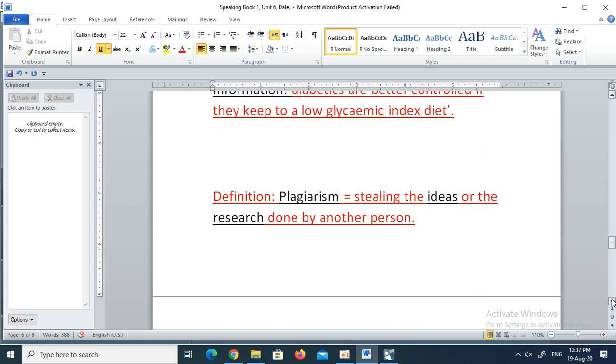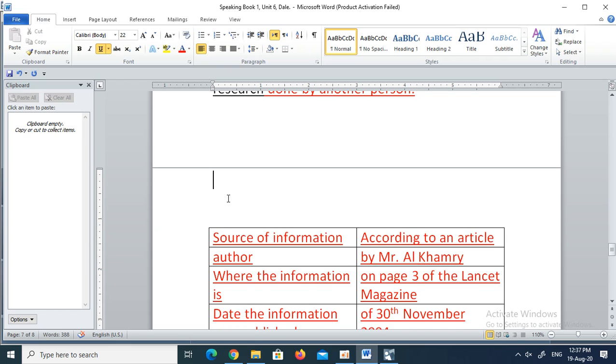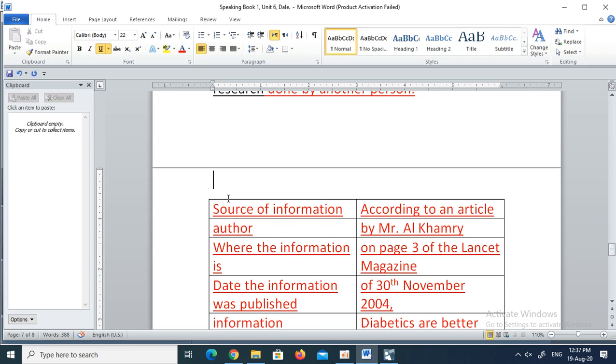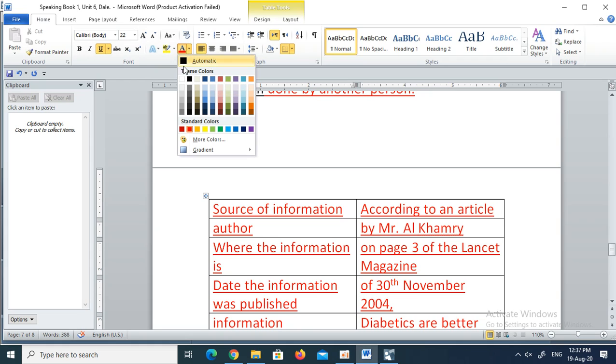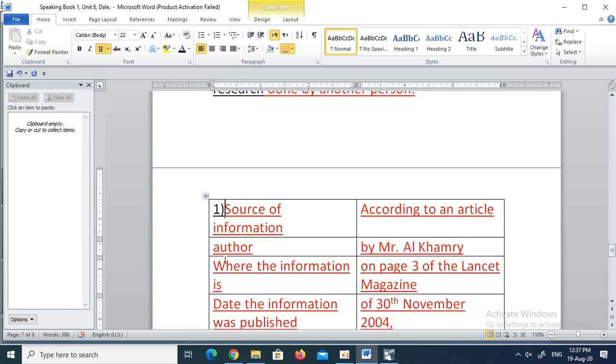There are many ways to do this in English. But what we must remember is that we have to tell you certain things. I have to tell you the source of the information, who. I have to tell you the author of the information. I have to tell you where the information can be found.